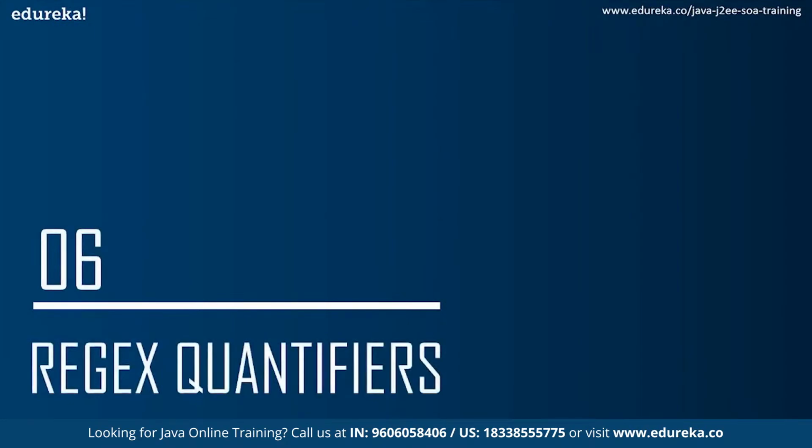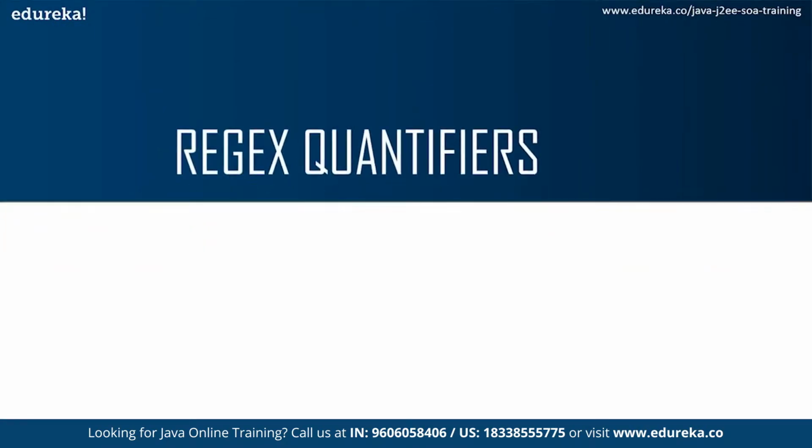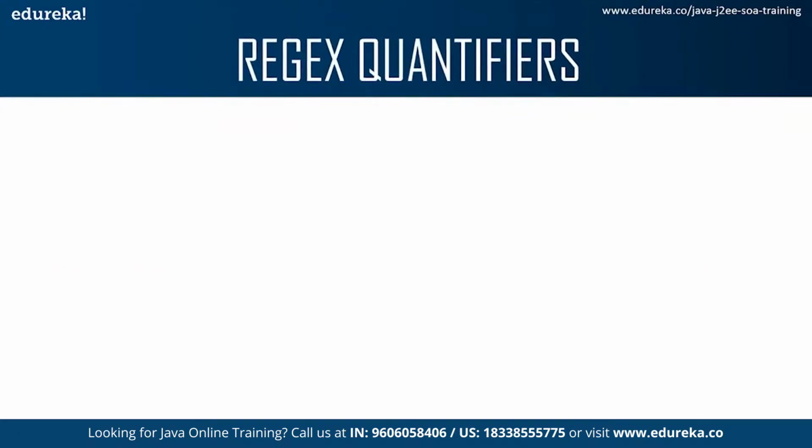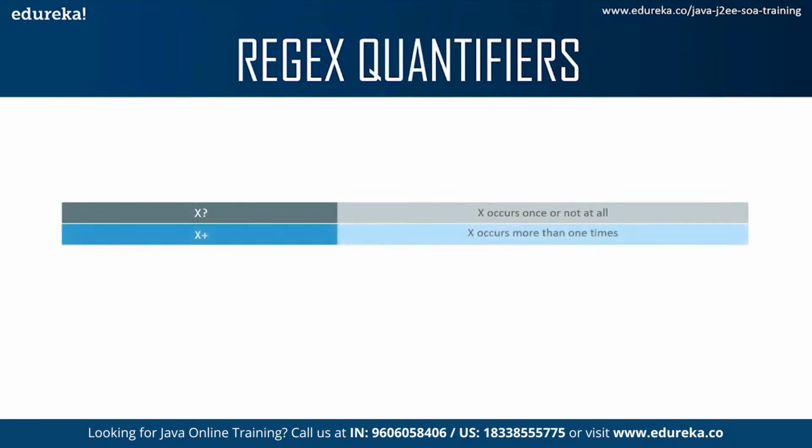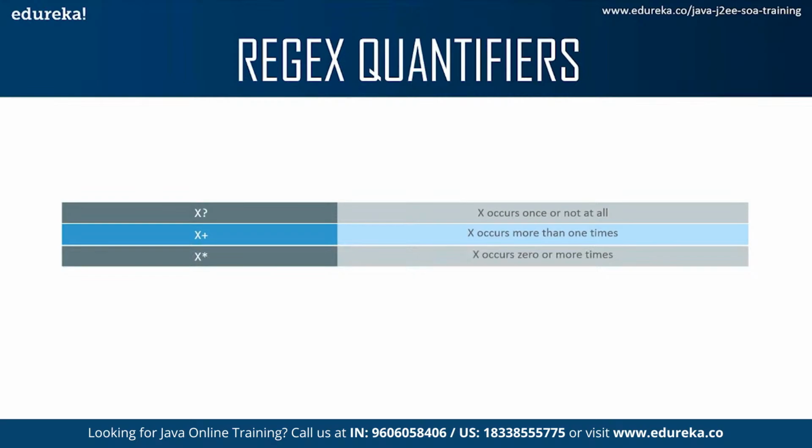Now let's move ahead and understand what regex quantifiers are. The quantifiers specify the number of occurrences of a character. Even this comprises various forms. For example, X followed by a question mark implies X occurs either once or not at all. Then you have X plus, which implies X occurs one or more times. And X with a star implies X occurs zero or more times.